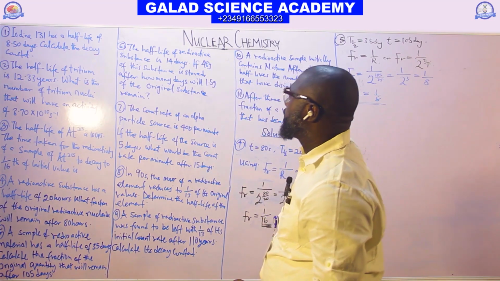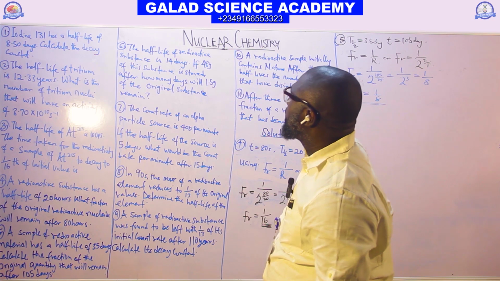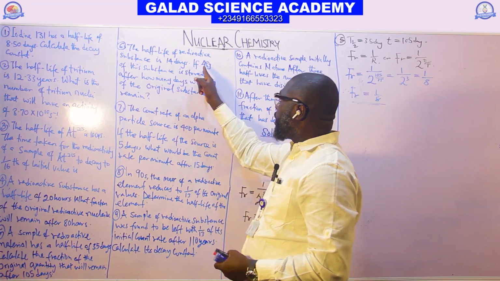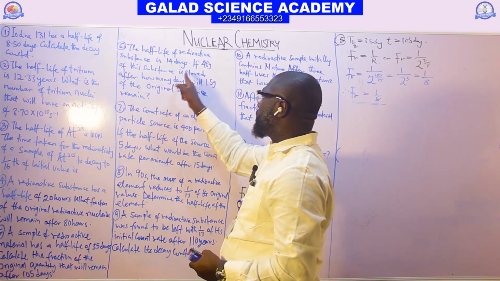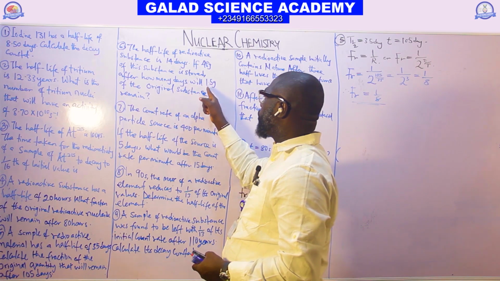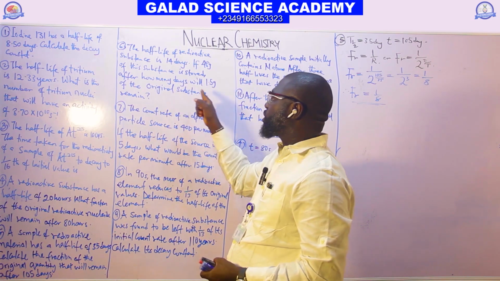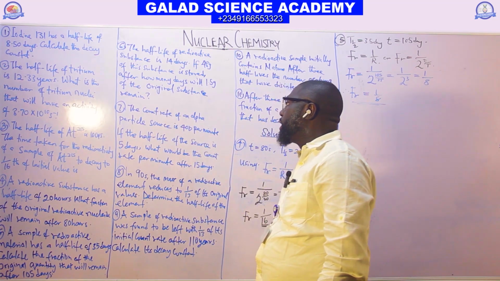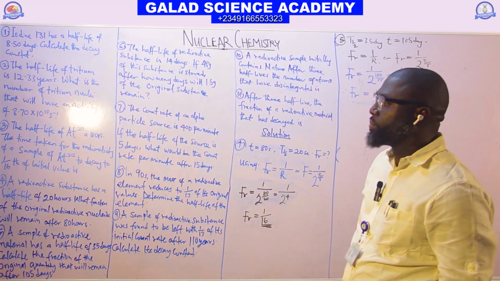This is question 6. The half-life of a radioactive substance is 14 days. If 48 grams of the substance is stored, after how many days will 1.5 grams of the original substance remain?